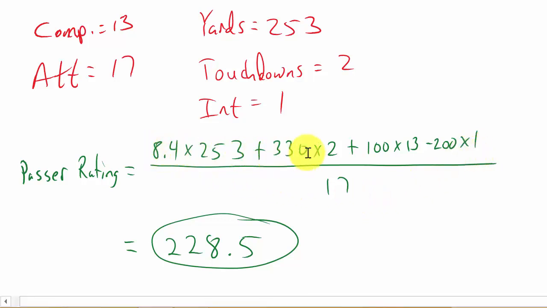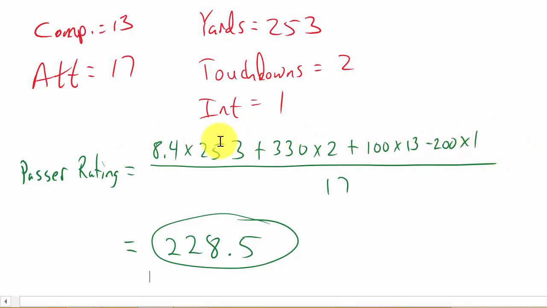Because if you put in divided by 17 without hitting enter, it's going to do 1 divided by 17, and do 200 times that, and then calculate all this.